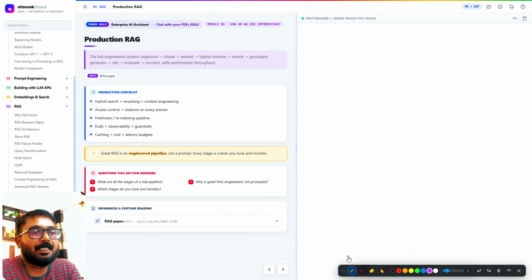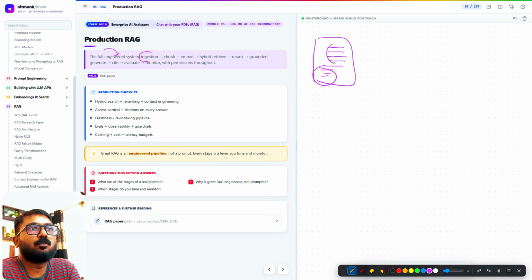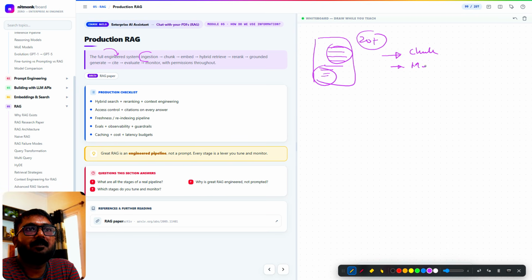Okay, so I think we have already covered it. The full engineering system, ingestion: you take a document, you chunk it. There are 20 plus chunking techniques. You take one chunk, you apply metadata, and you index it. Where?